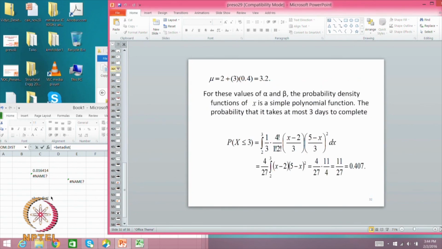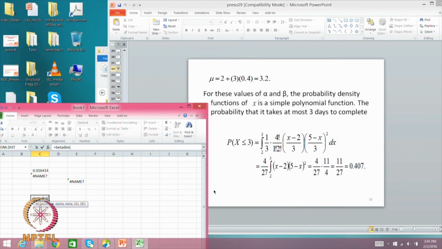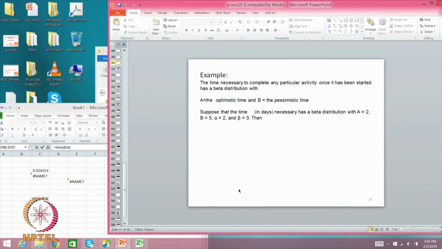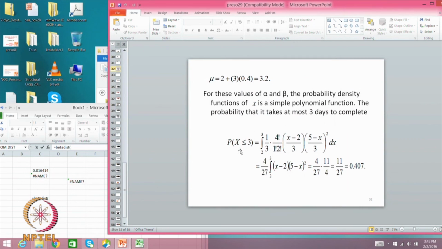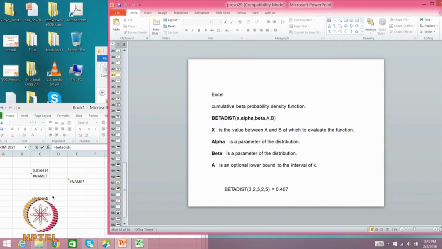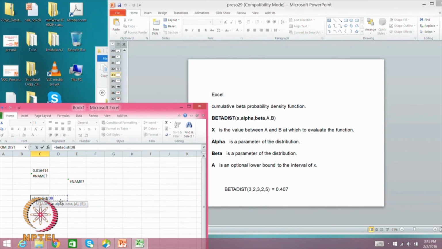So, if you want to finish it in 3 days, okay, what happens? If you want to finish it in 3 days, as here at most 3 days, what should it be there? So, we need to put the values: 3, 2, 3, because alpha is 2, beta is 3, then A is 2, that is the optimistic time, then the pessimistic time is 5.